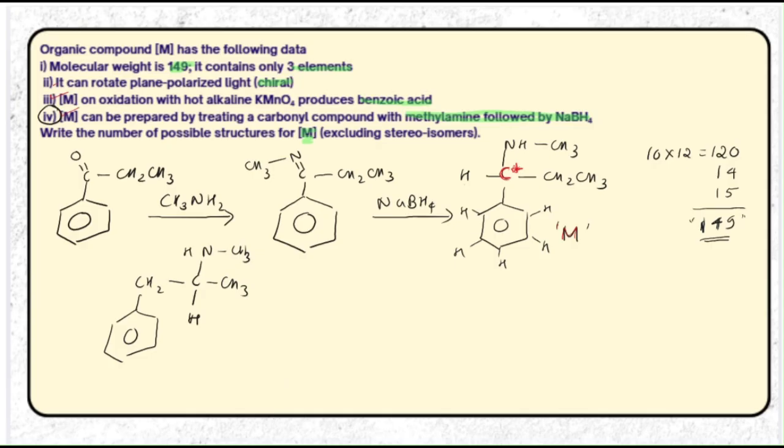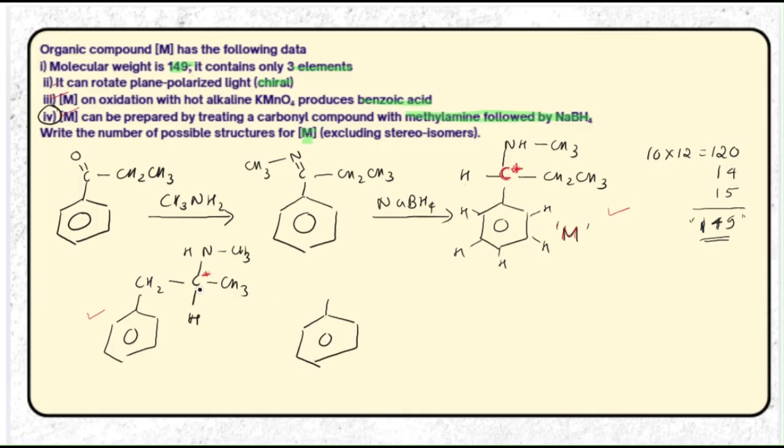Now again I have to check all the statements. Anyway, the first one will be true because I am writing an isomer of this. Is it having a chiral carbon? Yes, this is the chiral carbon. And because of the benzylic hydrogen, it will form benzoic acid. And anyway, we started from the fourth statement, so that is also true. So far I got 1 and 2 structures. Let's write down the next.